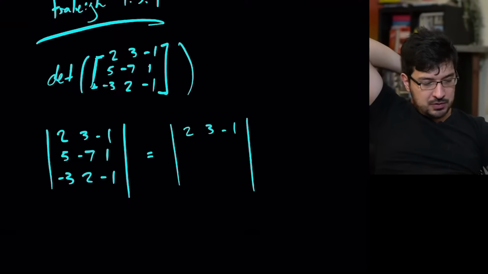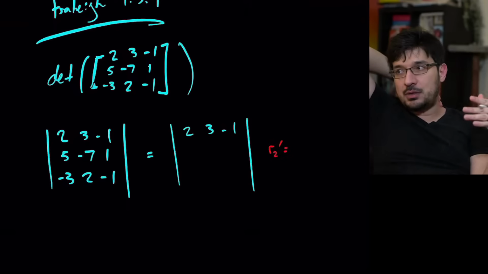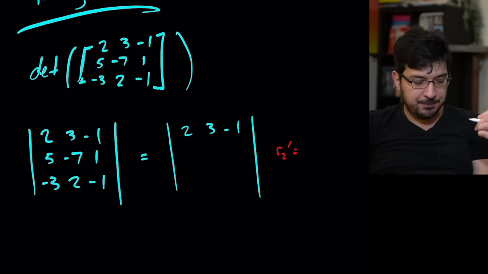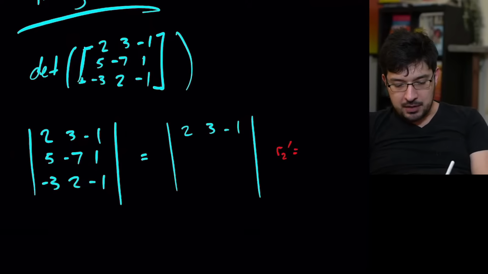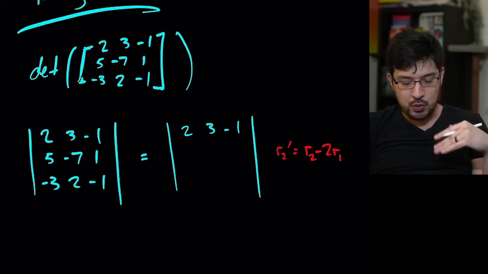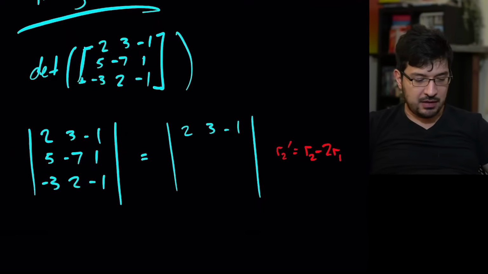So I'm going to write it over here. R2 prime, I'm replacing the second row right now. I'm computing this determinant right now. So I'm going to replace the second row by row 2 minus 2 times row 1. Okay, so I'm subtracting 2 copies of the first row from the second. So then 5 minus 4 is 1.